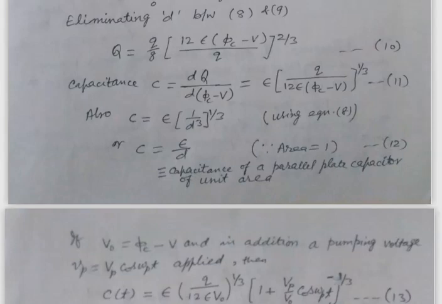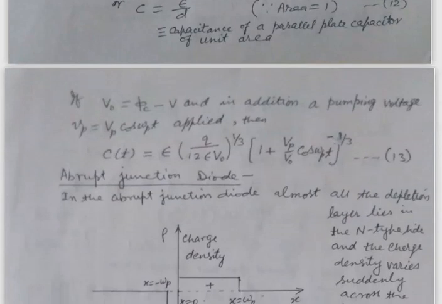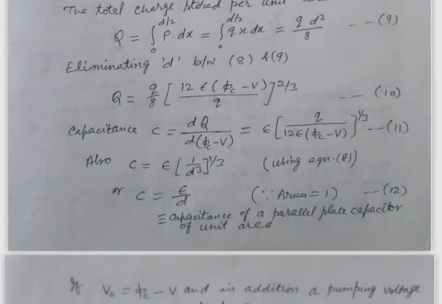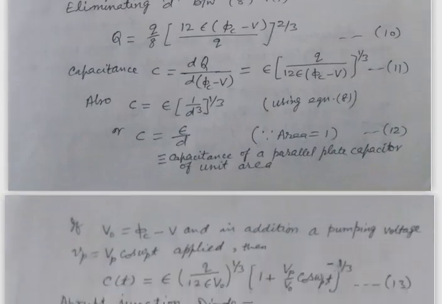Now if we consider phi c minus V equal to V0, and in addition a pumping voltage Vp cos omega p t is also applied, then the expression for the capacitance C from equation number 11 changes, because here we replace phi c minus V by V0 plus Vp.